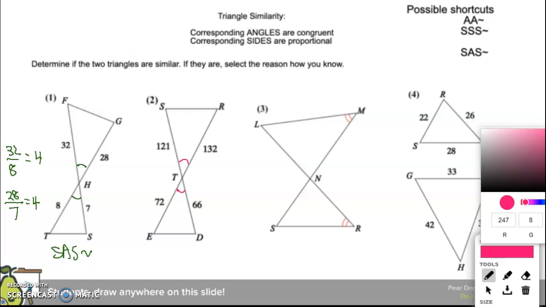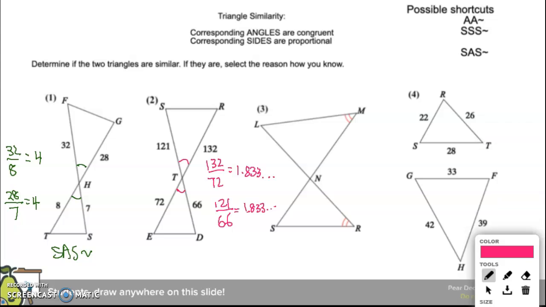So let's check that. Which is the longer side between 121 and 132? It's 72. So we need to match that up. So 132 over 72, what is that? And 121 over 66, what is that?